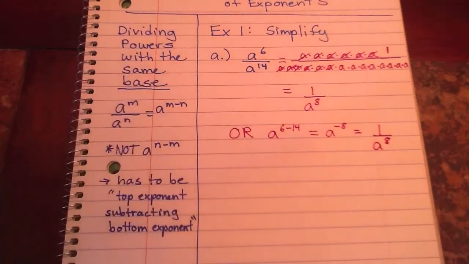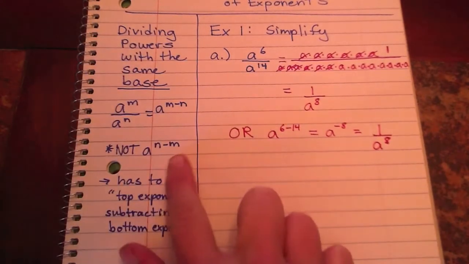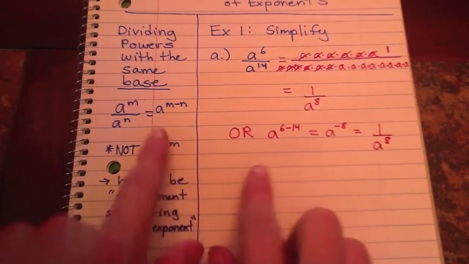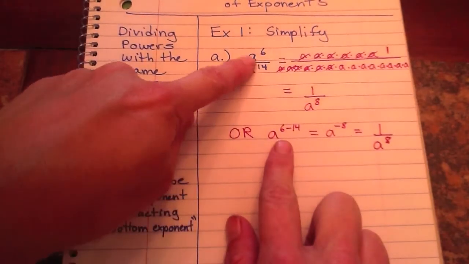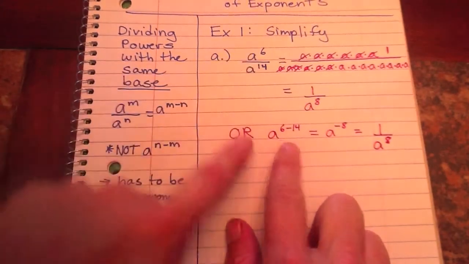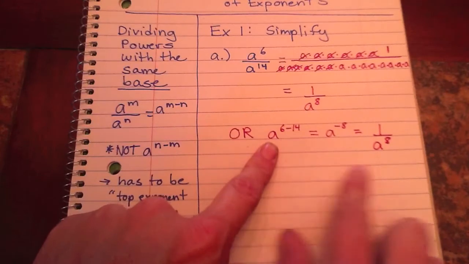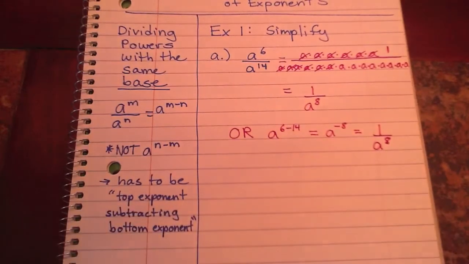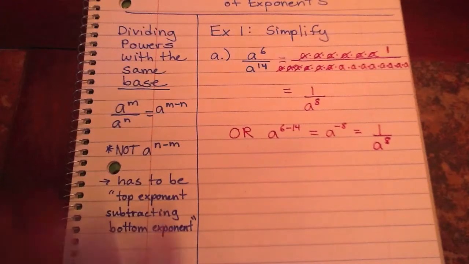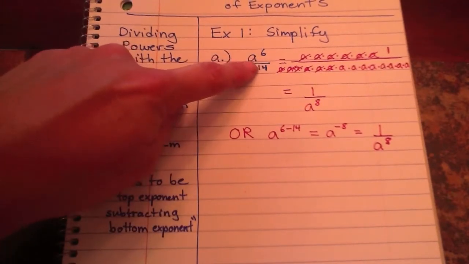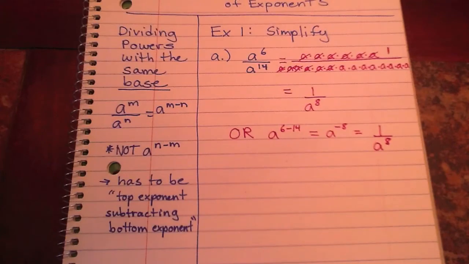Same answer, 2 ways to get it. That is why you're not allowed to swap these around. If you had swapped these around and said 14 minus 6, you would have ended up with a positive answer here, and you would not have the correct final expression. So it's always top exponent minus bottom exponent. Let's try another one.